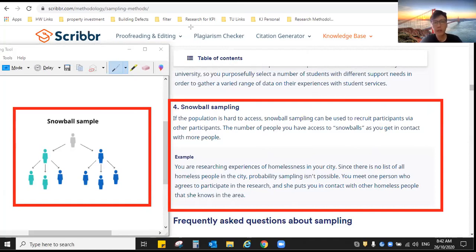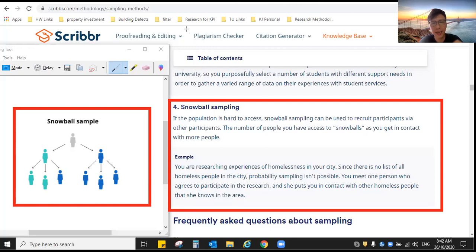Do you know how a snowball is created from the mountain? When the snow falls from the top of the mountain, it becomes bigger and bigger and bigger as it rolls down from the mountain top.